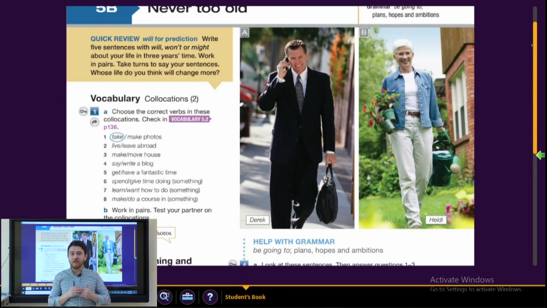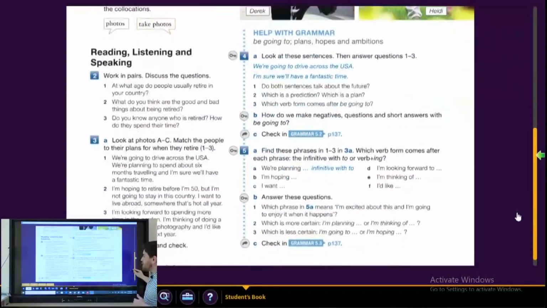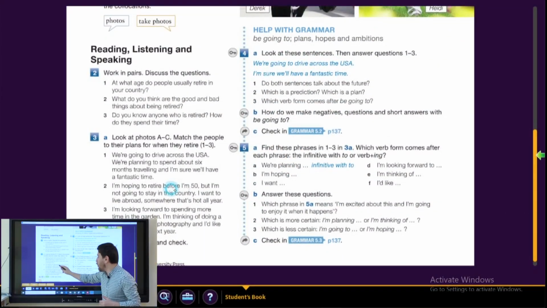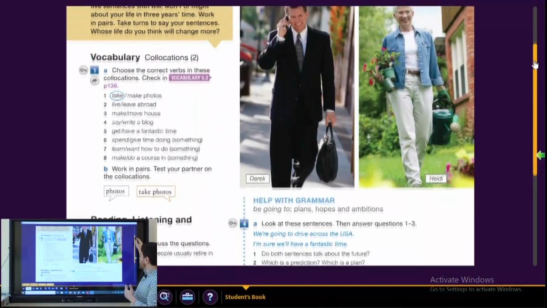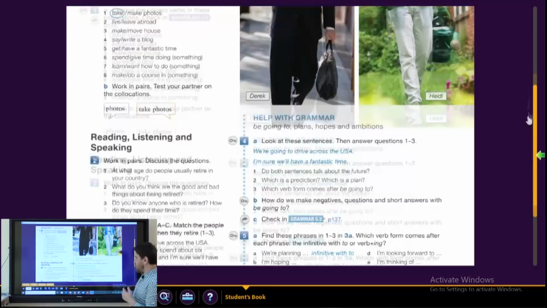I would say picture A is under 50, Derek. So picture A is number 2. I think in picture B, the woman, Heidi, looks like she's over 50.